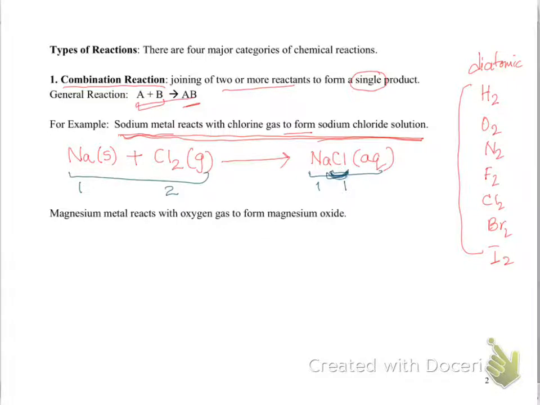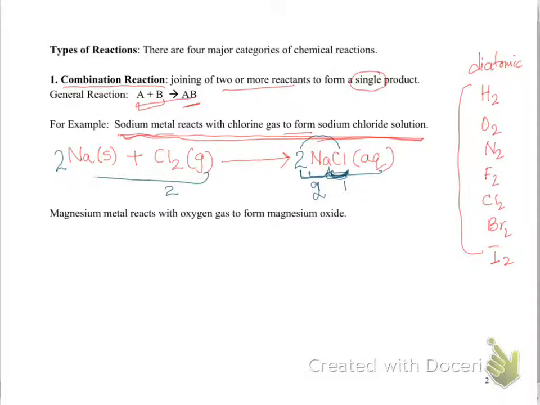So I have to put the coefficient, but the coefficient you always put on the front. So now I have 2Cl. But that also changed my number of sodiums. So number of sodiums now here are 2. So that means I have to go back and balance sodium again. So put 2 here. So this is going to be my balanced equation.